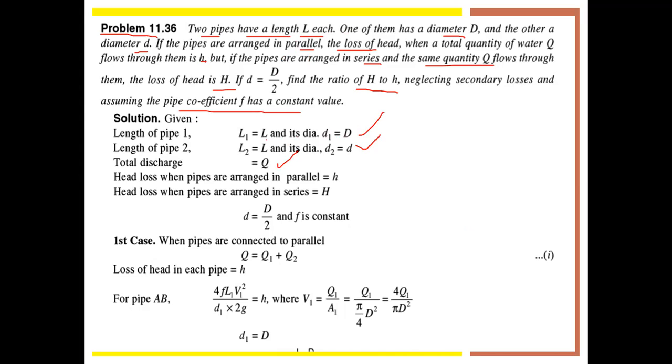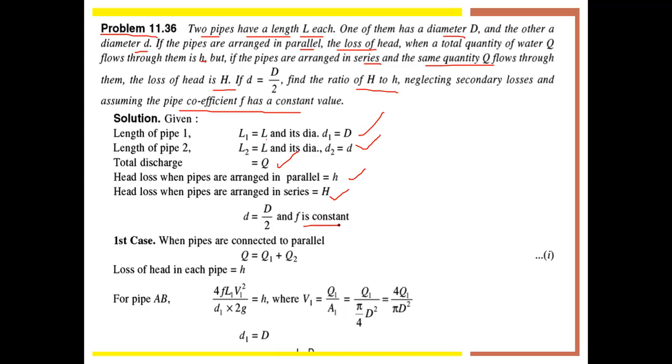What is the question? He said the head loss when the pipes are arranged in parallel is small h. When the pipes are arranged in series, the head loss is capital H. Therefore, if d is equal to D by 2 and f is constant, find the ratio of H to h.